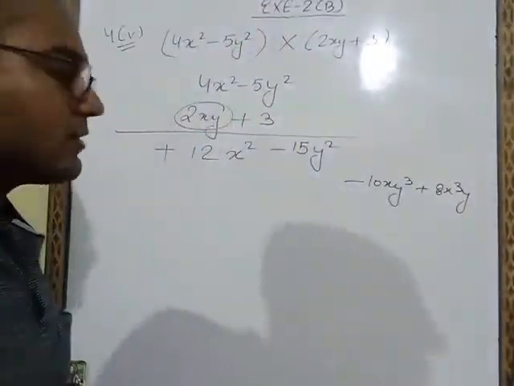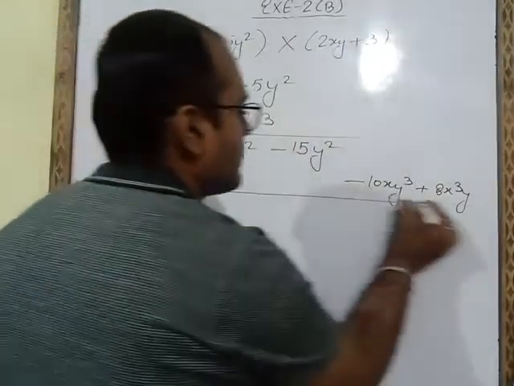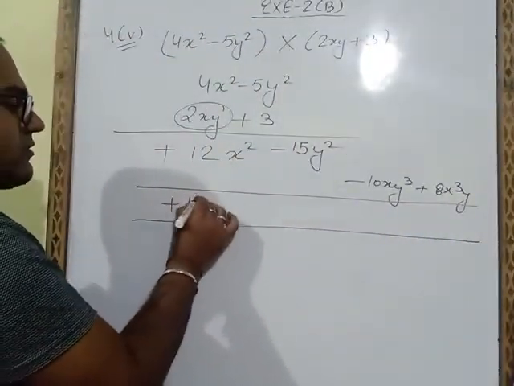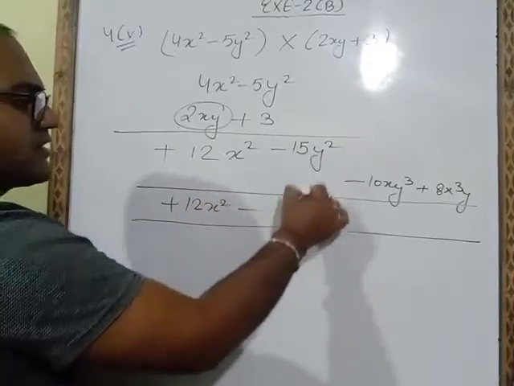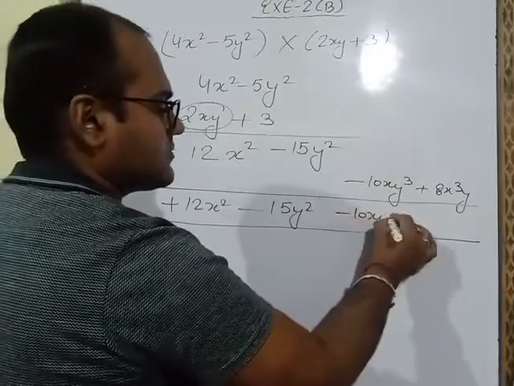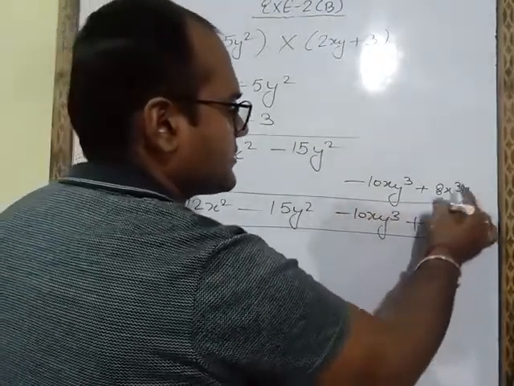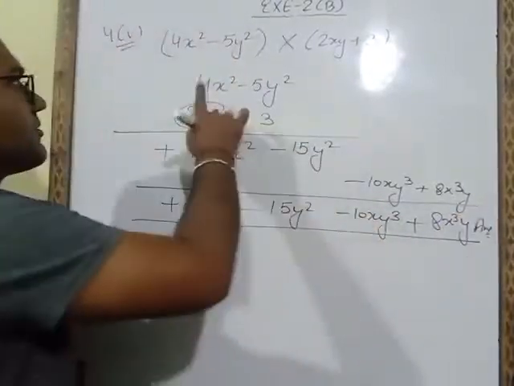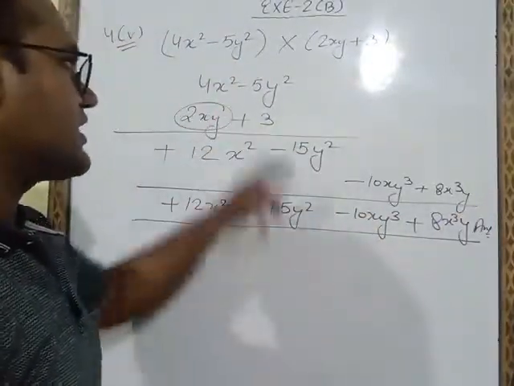Now we will add these numbers. Under this nothing is written, so we will write as it is. Under this nothing is written, so this one also, plus this term also. So this is your final answer of part number 5th. So this is the column method.